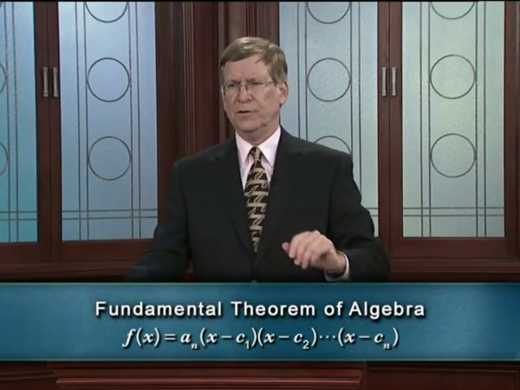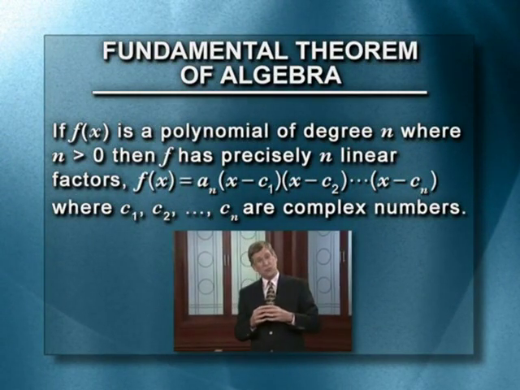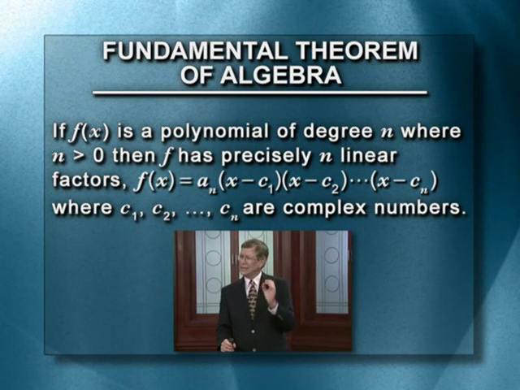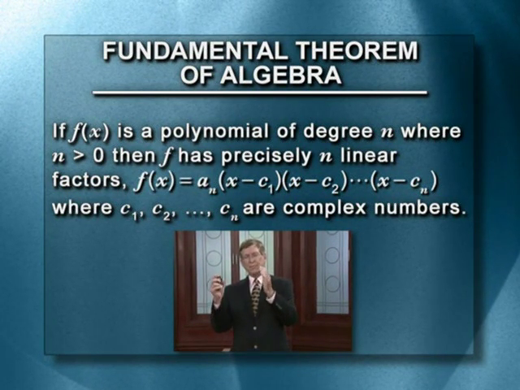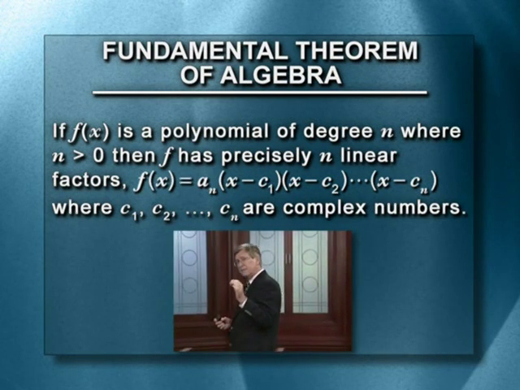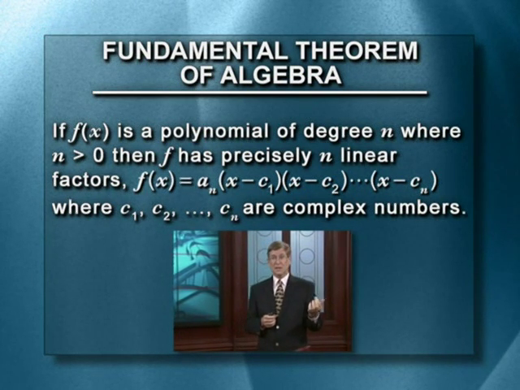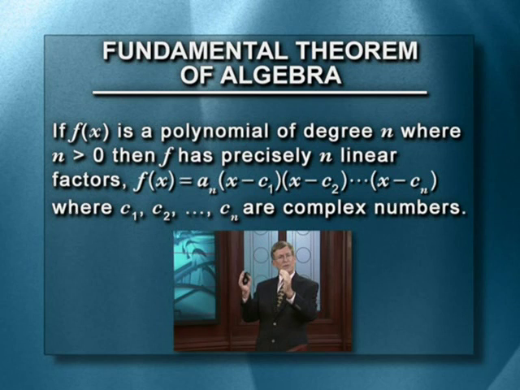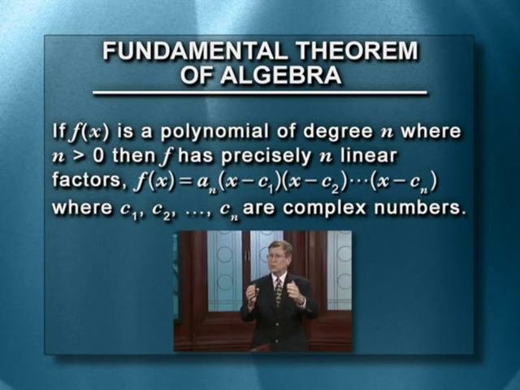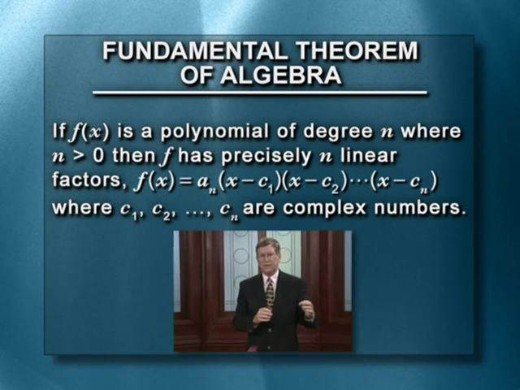Let me state it for you. If f of x is a polynomial of degree n, where n is greater than 0, then f has precisely n linear factors. In other words, the polynomial can be factored. And it can look like this. f of x will be some coefficient in front, let's call it a sub n, and then it has n linear factors, x minus c1, x minus c2, x minus c3, all the way down to x minus c sub n.